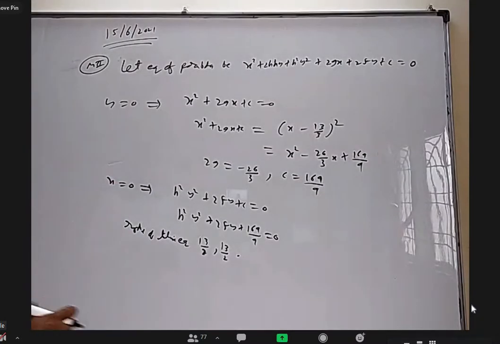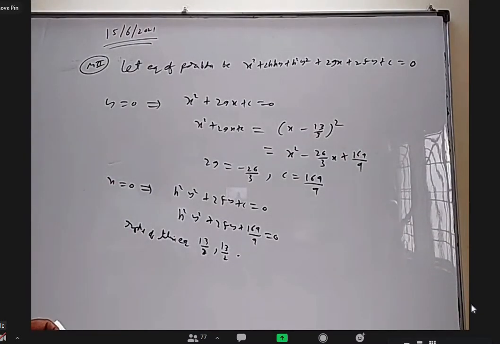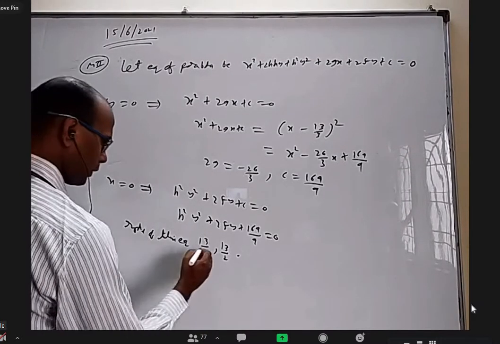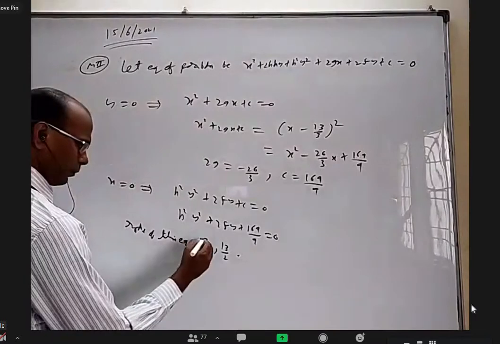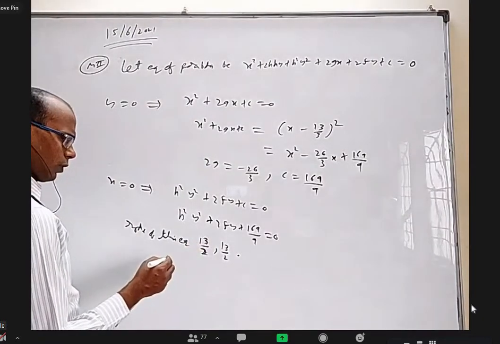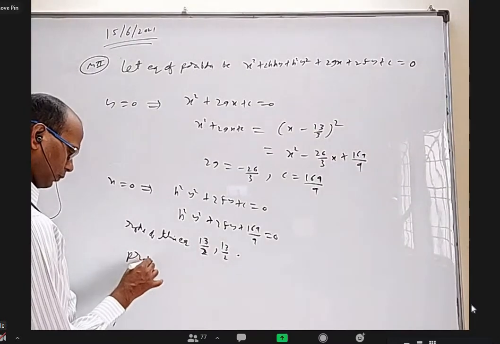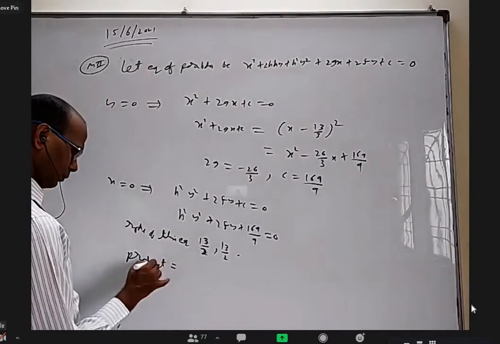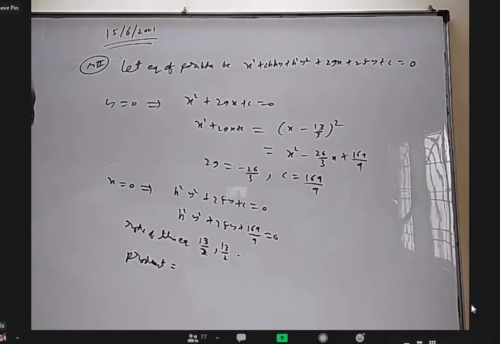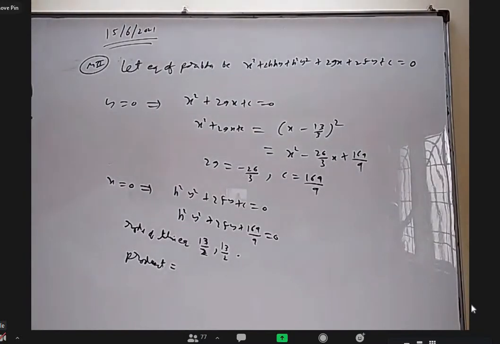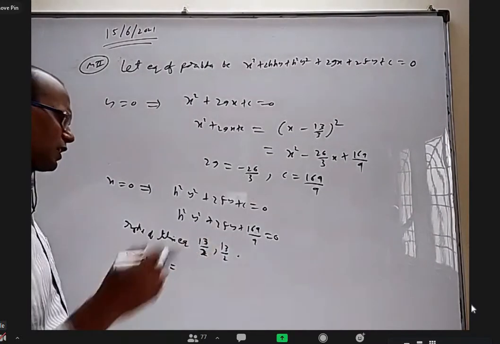and then I'll get h square. Will I get h? Will I get plus or minus? We'll see. Okay. What is this? Sum of the roots. Sorry, product. Basically, it's a multiple of (x minus 13 by 2) whole square.